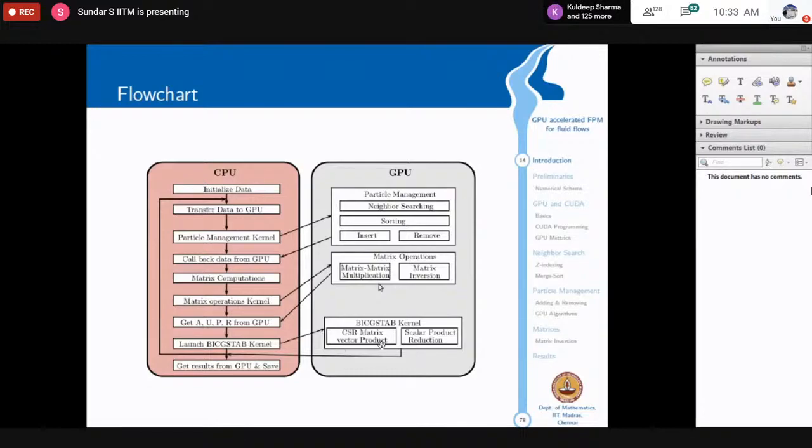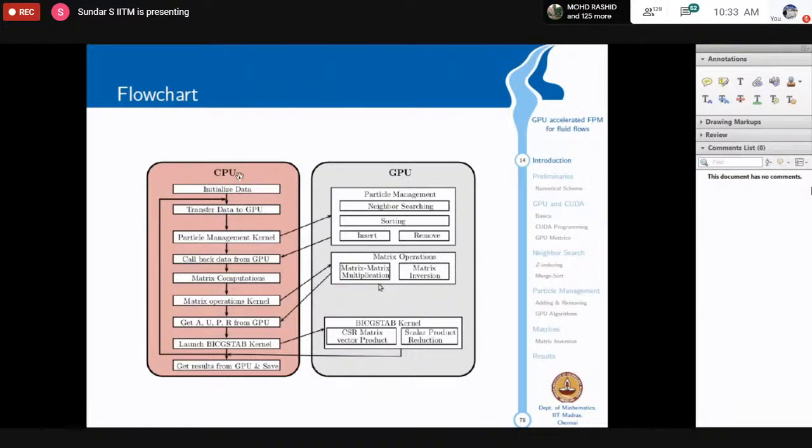All these sparse matrices should be stored in an efficient compact storage. We cannot use arrays because it's a huge size, so compact storage. Along with that, you need to solve a large scale system of linear equations which occur due to your numerical method.